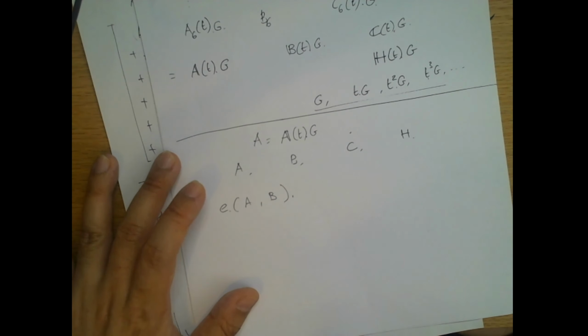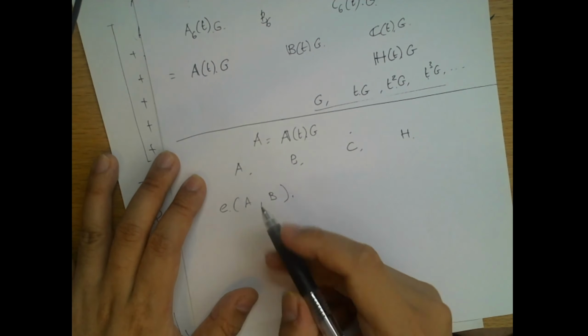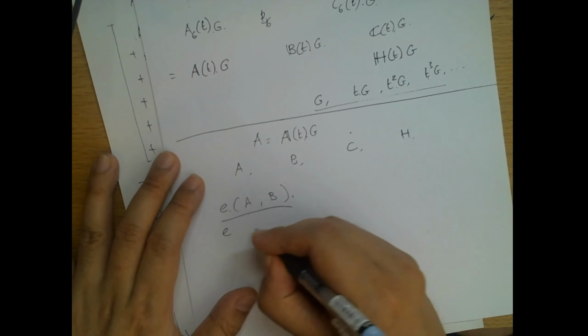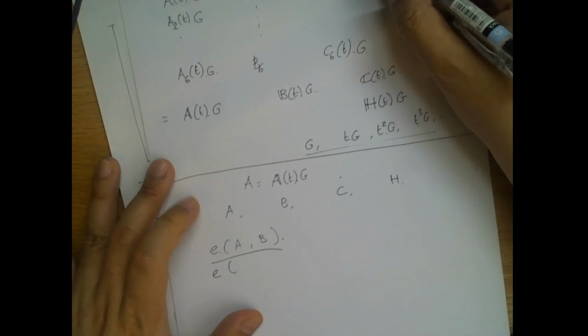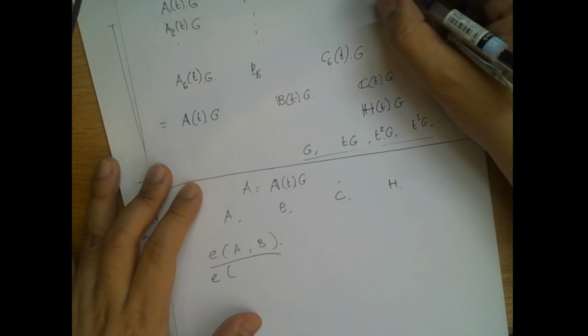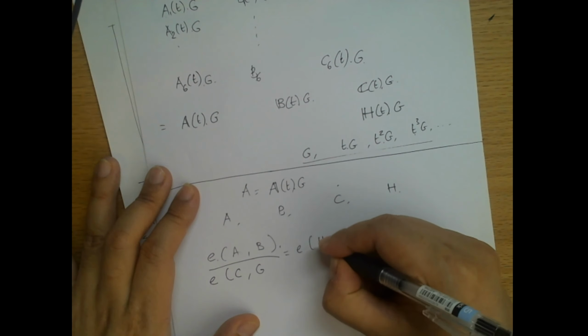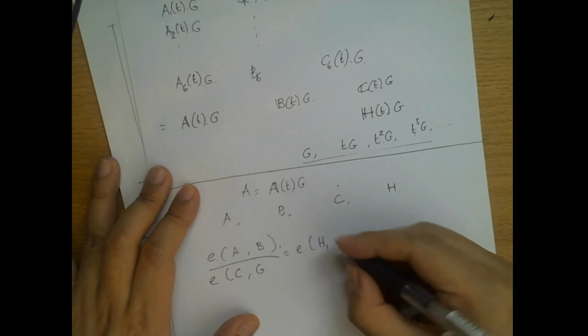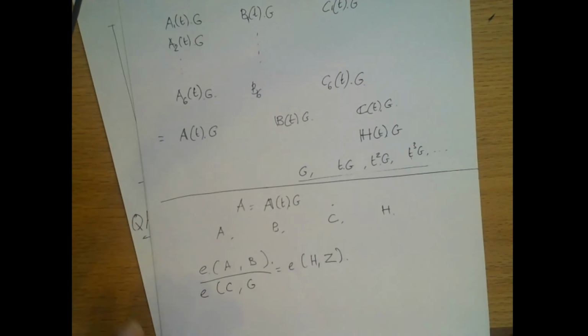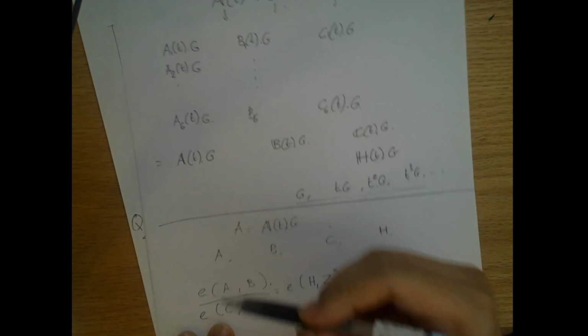So that's the same technique: E of AB divided by E of CG is equal to E of H times Z. Right, so that's the same.